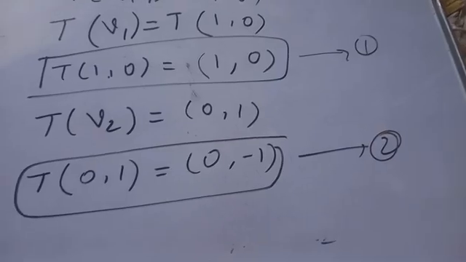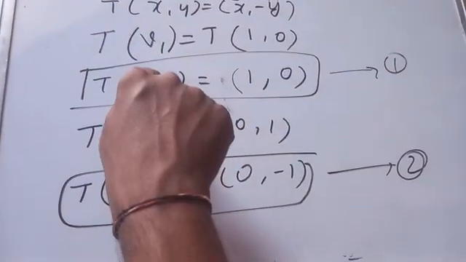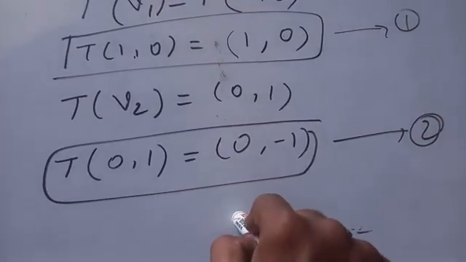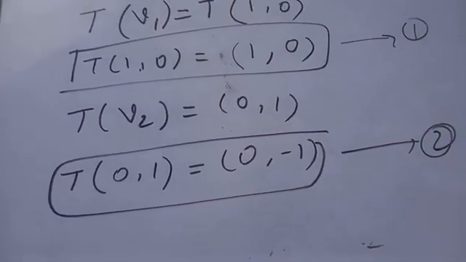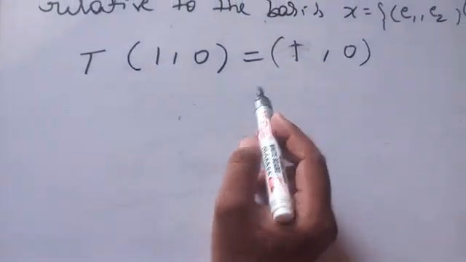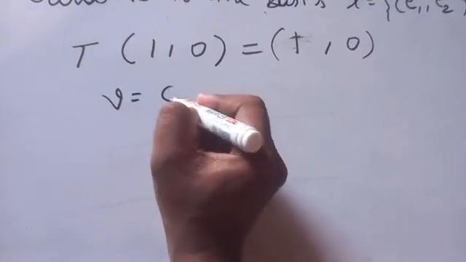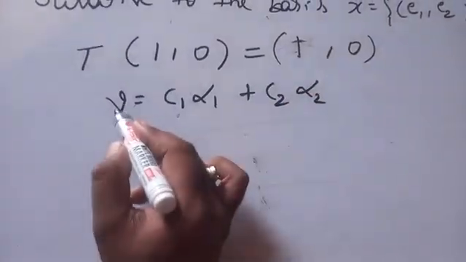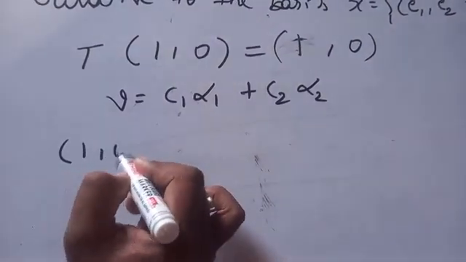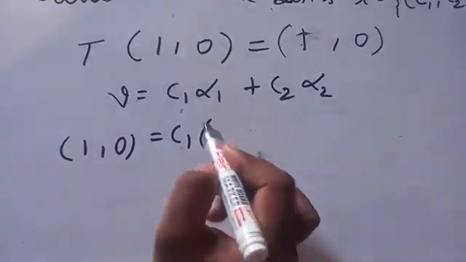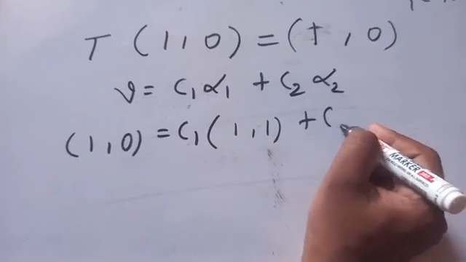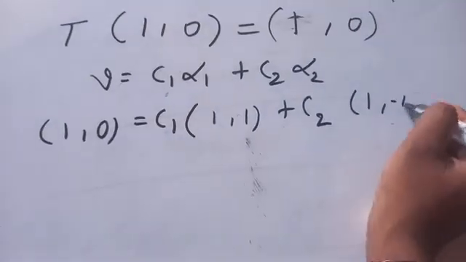Now we have to use these equations to find the c1 and c2 values. After that, we take the other equation to find the c1' and c2' values. So consider equation 1, T(1, 0) equal to (1, 0). We know that v equals c1 alpha 1 plus c2 alpha 2, a linear combination of vectors. v is (1, 0), so (1, 0) is equal to c1 into alpha 1, which is (1, 1), plus c2 into alpha 2, which is (1, -1).